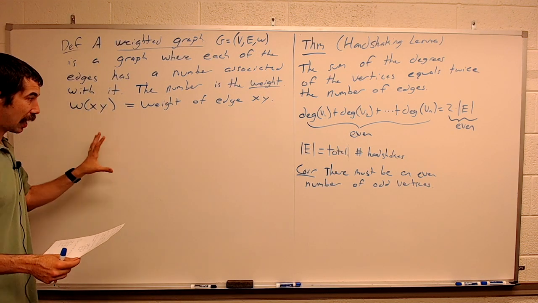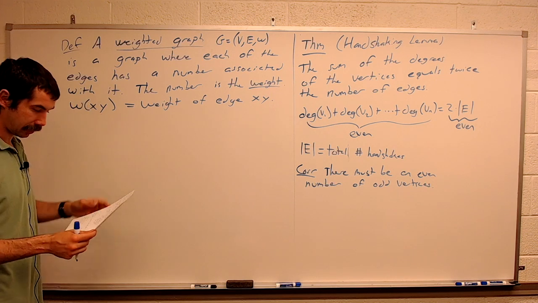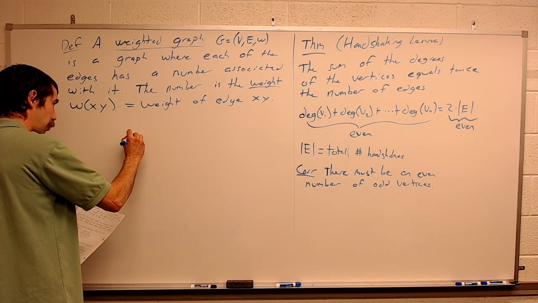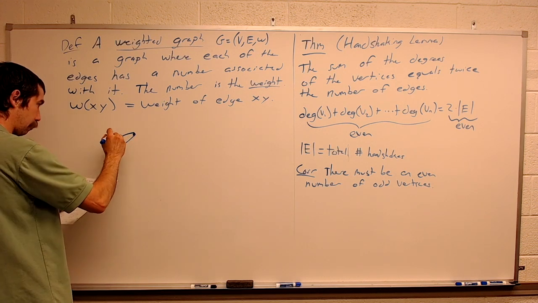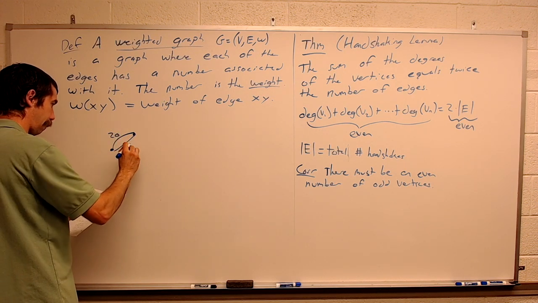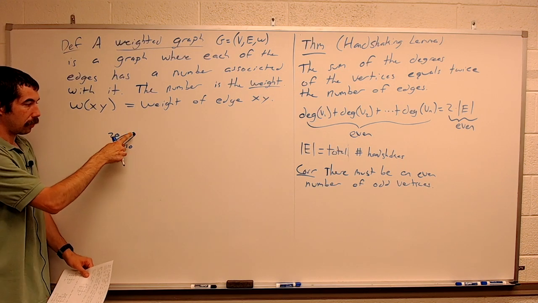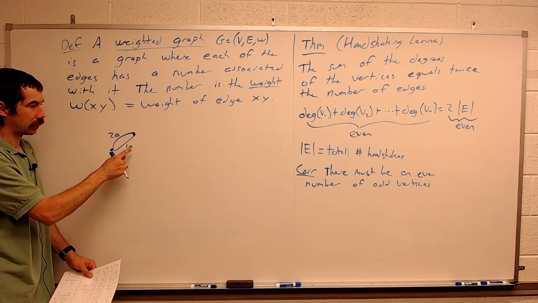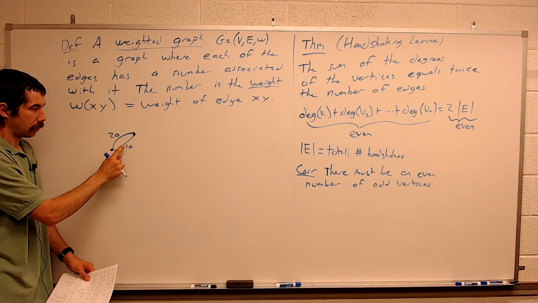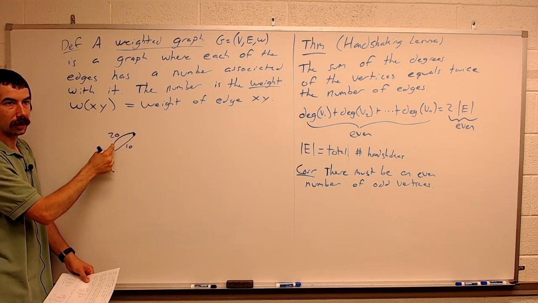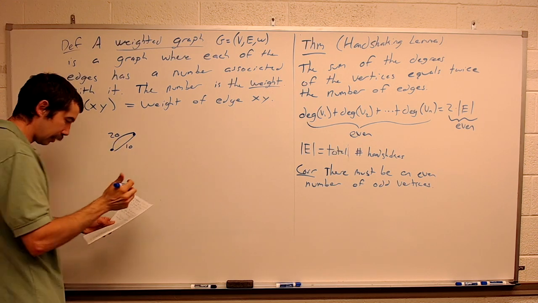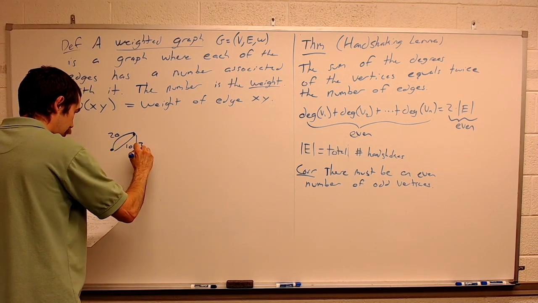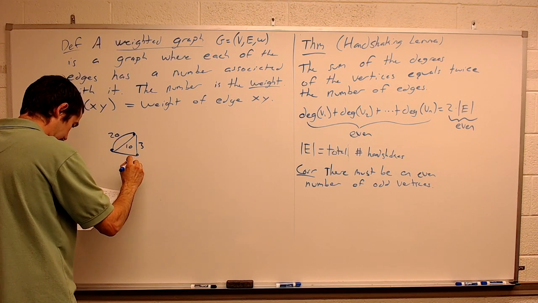Let's look at that same graph that I just erased, but now with some weights. So this has length 20. Maybe this is minutes. Maybe this is a very curvy road, and the edge we drew just doesn't capture its geometry. And this is more of a straight shot, so it has 10.